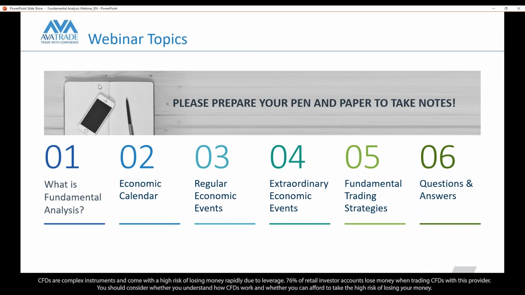Real quick, for anyone who's new to things, what is fundamental analysis? While there are different types of fundamental news that come out, basically it's looking at the news and understanding how that might affect different instruments that you might want to trade on. And so we can look at economic calendars that have regularly scheduled events.